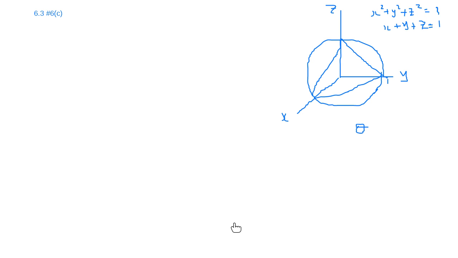If you're working in the first octant, theta must lie between 0. Remember, this is where we measure theta. It goes from the x-axis up to the positive y-axis. So theta will be between 0 and pi over 2.